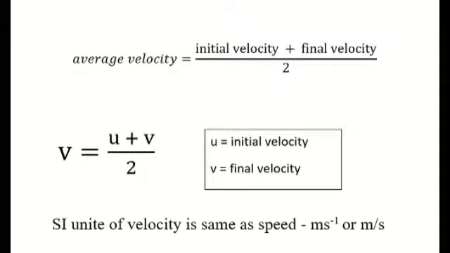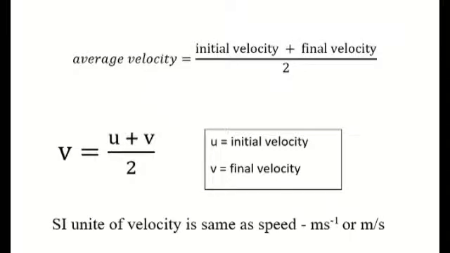If an object is moving along a straight line at a variable speed, we can express the motion in terms of average velocity. Average velocity is given by the arithmetic mean of initial velocity and final velocity for a given period of time. That is, average velocity is initial velocity plus final velocity by 2.